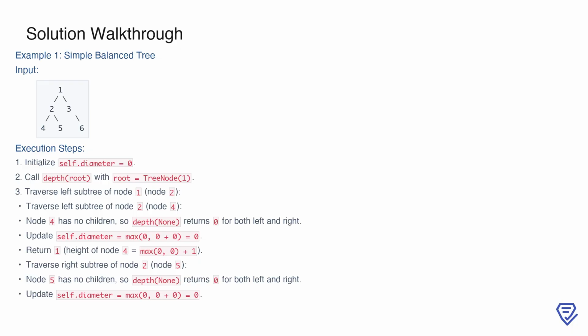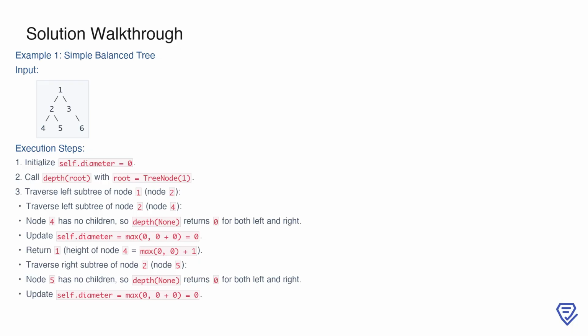The depth function will recursively calculate the height of the left and right subtrees for each node while updating the diameter. Starting with the left subtree of node 1, we process node 2. For node 2's left child, node 4, since it has no children, the depth function returns 0 for both left and right subtrees. This means the height of node 4 is 1, and the diameter remains unchanged at 0.